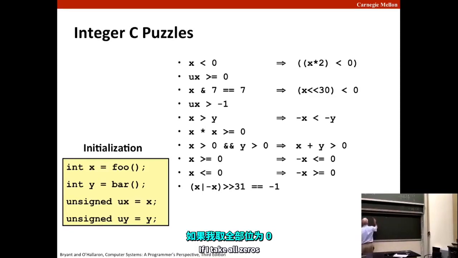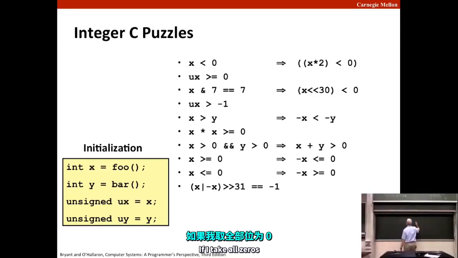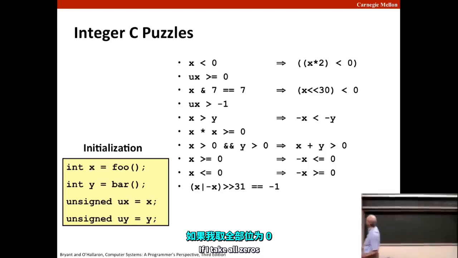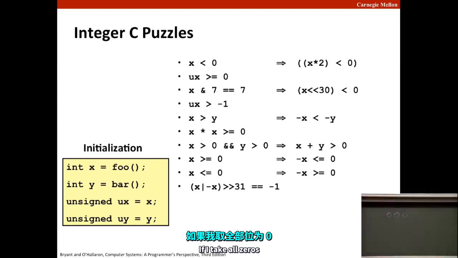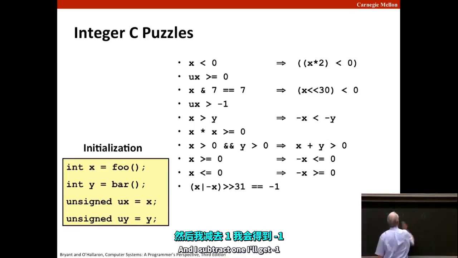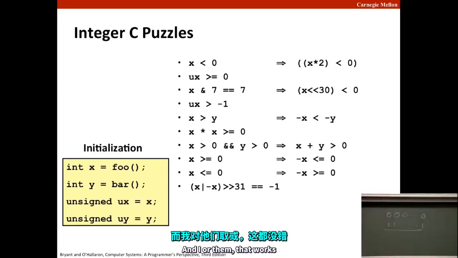If I take all 0s, and I subtract 1, I'll get minus 1. And I OR them. That works. So what's wrong with this?